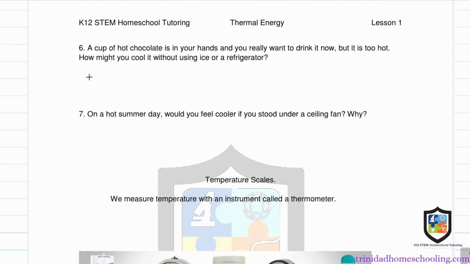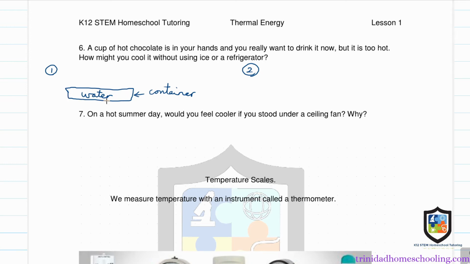A hot cup of chocolate is in your hands and you really want to drink it now, but it's too hot. How might you cool it without using ice or a refrigerator? So my first scenario that I remember doing is having a container with water. And this could be cold water or room temperature water.